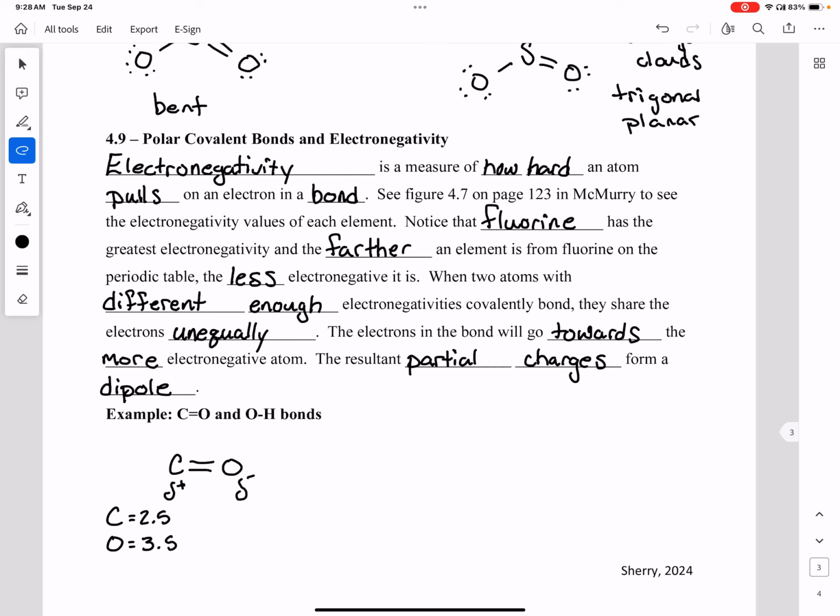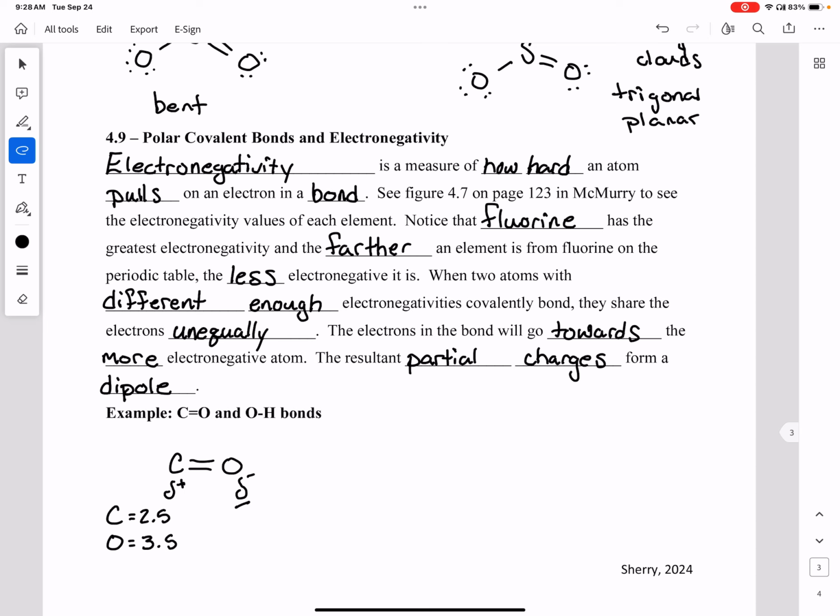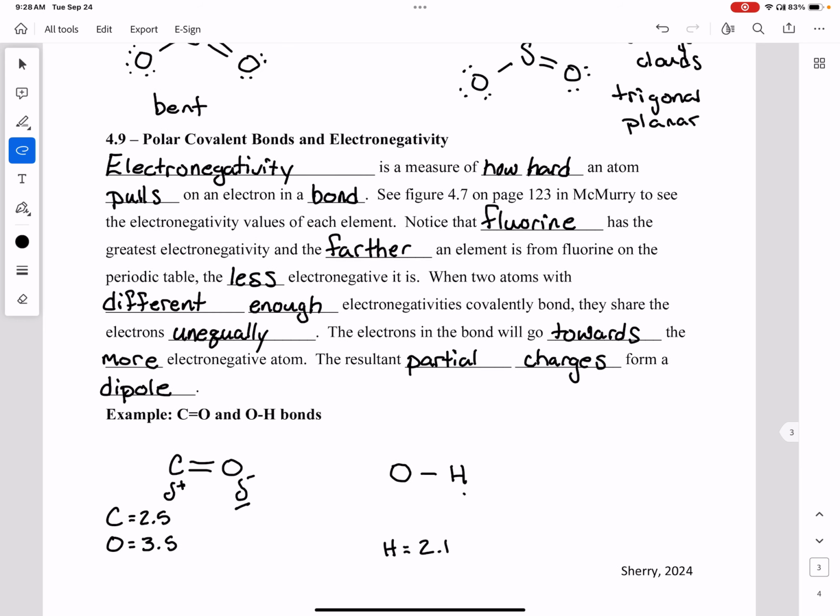Now this looks like an S. This is a Greek delta, but I like to think of it as an S standing for slightly. Let's look at another example. We have an O and an H bond. H has an electronegativity value of 2.1, so it's got more of a partial charge.